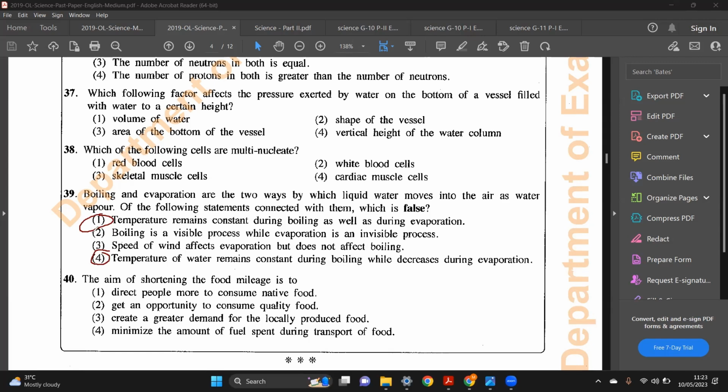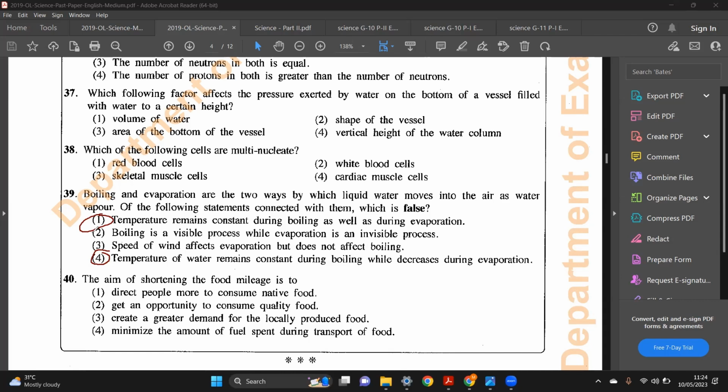Okay. And then the last MCQ, the aim of shortening the food mileage, that is similar to the carbon footprint. Okay, so why would we shorten it? Why do they recommend you to go for Sri Lankan products and not products from abroad when you eat and all of that? Not because they want to increase the Sri Lankan food quality, but because if you're going to import food from abroad, then there is all the fuel that goes into transportation.